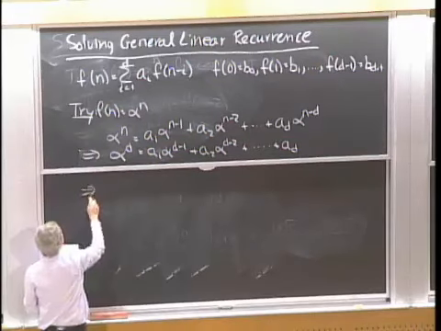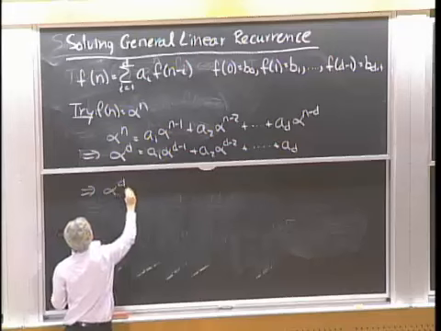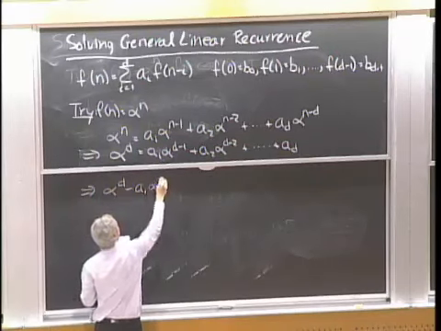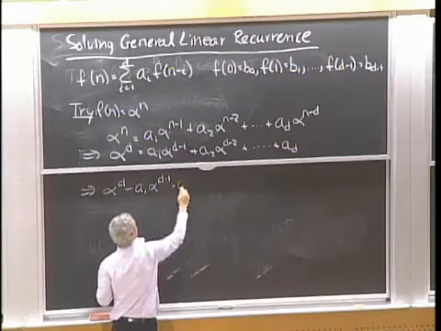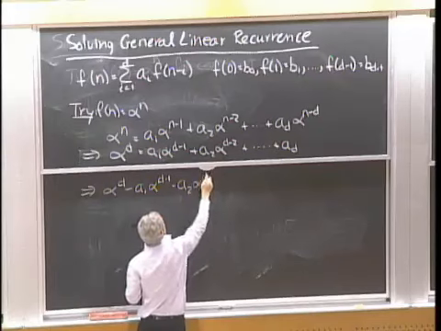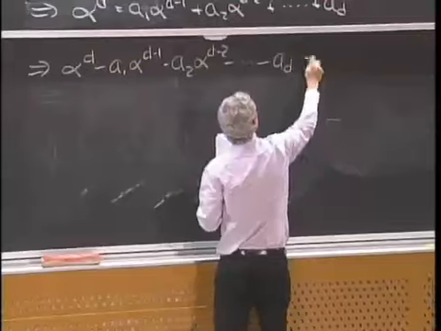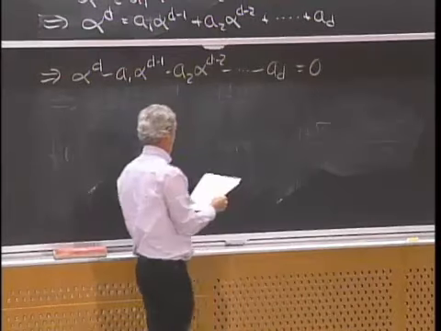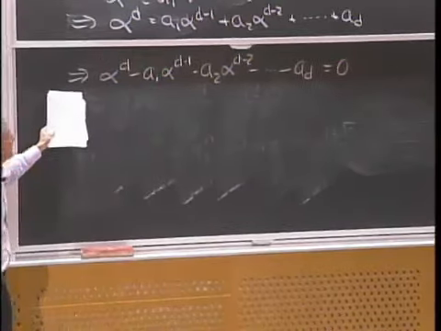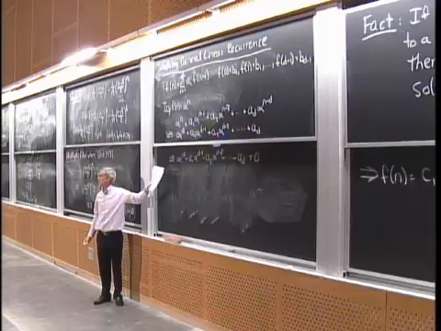So that means that alpha to the d minus a1 alpha to the d minus 1 minus a2 alpha to the d minus 2 minus a_d is 0. This is called the characteristic equation of the recurrence.